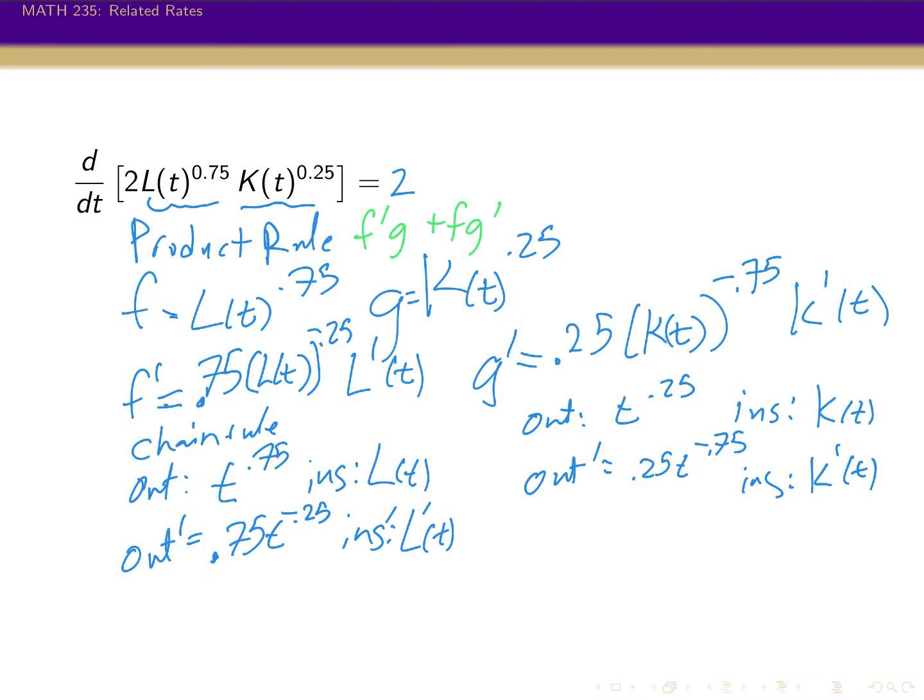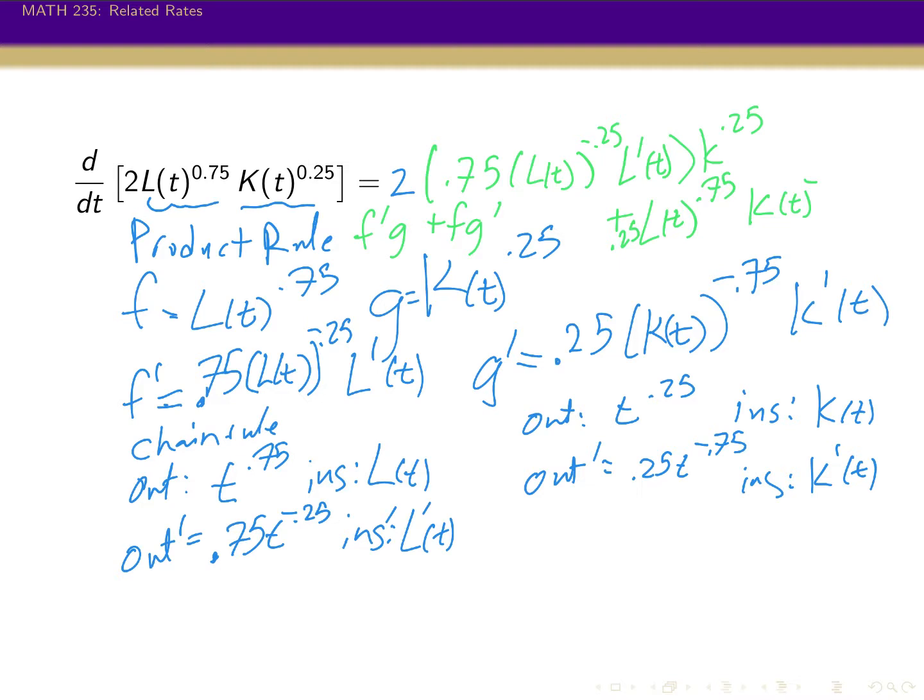So f prime g is going to be 0.75 L of t to the minus 0.25 L prime of t times k to the 0.25, and then plus f g prime: L of t to the 0.75 times g prime, which is going to give us a 0.25, which I'll pull out front, k of t to the minus 0.75 times k prime of t.